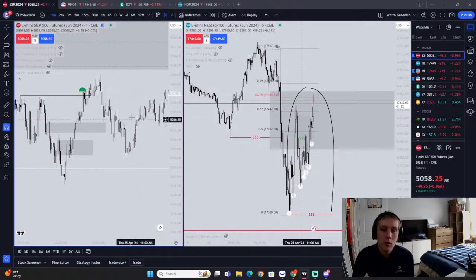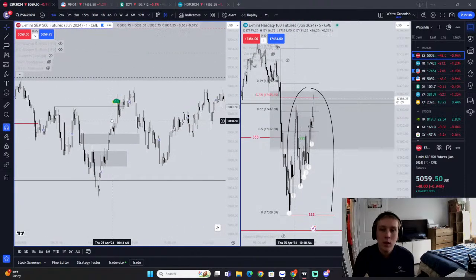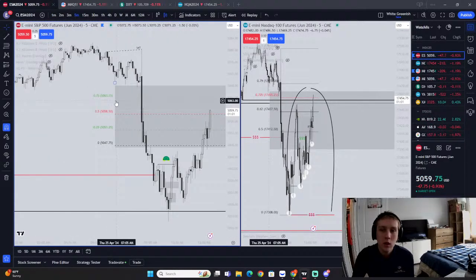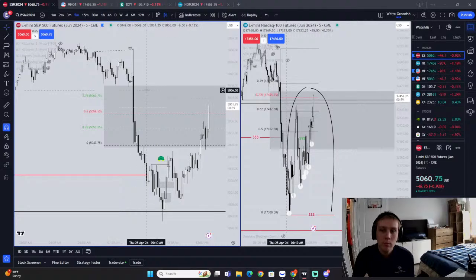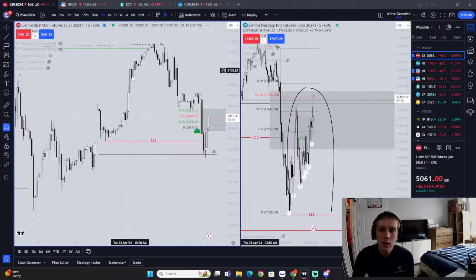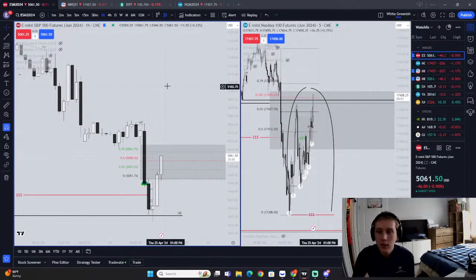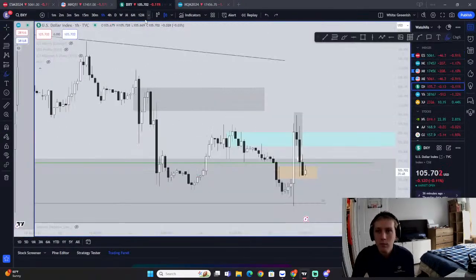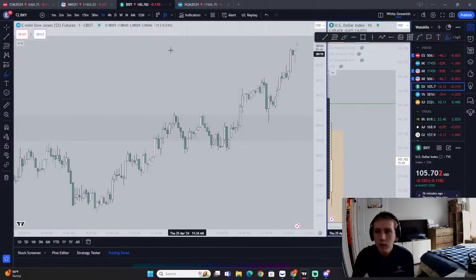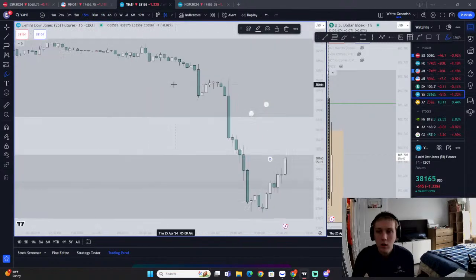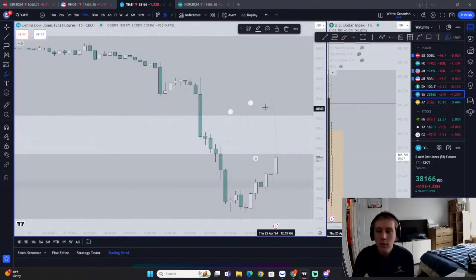Even on this move lower, order flow's bullish. So for us to truly reverse here, what do you need to see? Probably a higher time frame SMT and then a higher time frame fair value gap, or a higher time frame PD array and then an SMT. Let's look at YM. I'm pretty sure we'll have some sort of divergence here. I don't like framing reversal. I don't like framing SMTs off of YM, but if it's there, it's there.